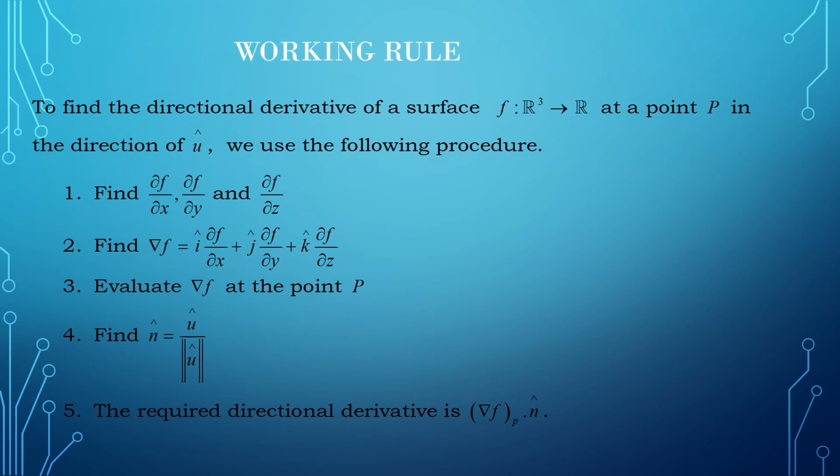If we observe, this n cap is a unit vector and the direction of n cap and u cap are same. Now, to find out the directional derivative of a given scalar field f at a given point P in the direction of a given vector u cap, we find out del f at P dot n cap.